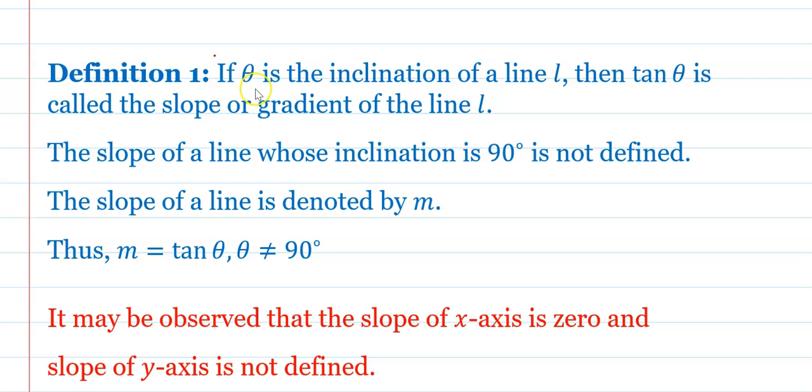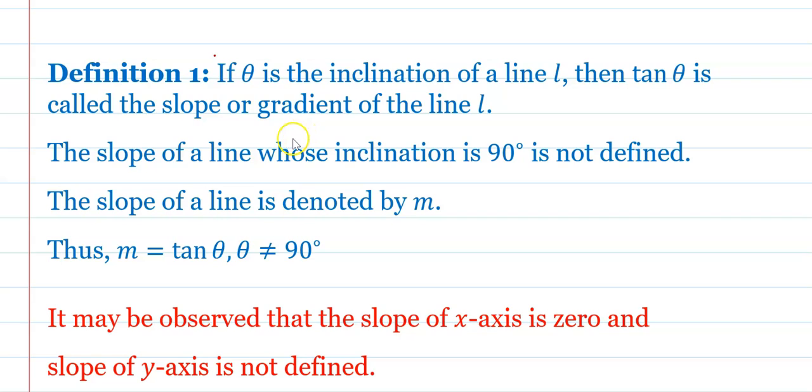First definition. If theta is the inclination of a line L, then tan theta is called the slope or gradient of the line L. The tangent of that angle is nothing but the slope of that line, or it is also called the gradient, which you study in the 12th standard.